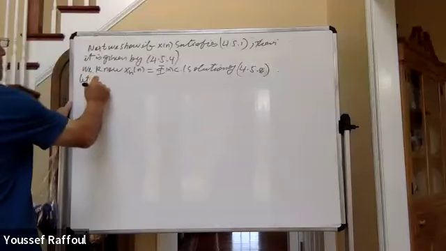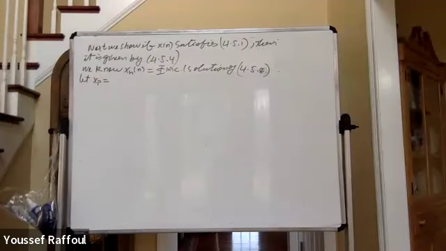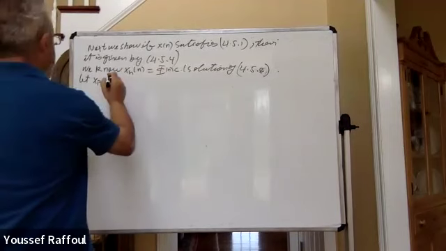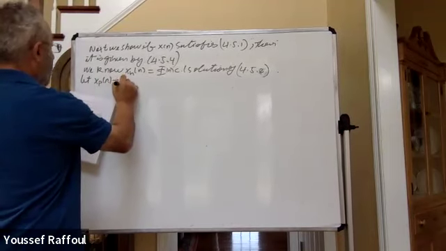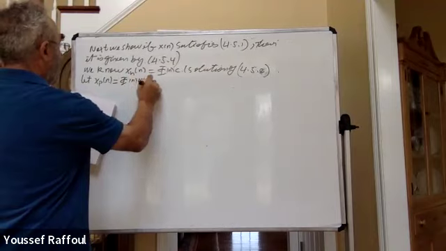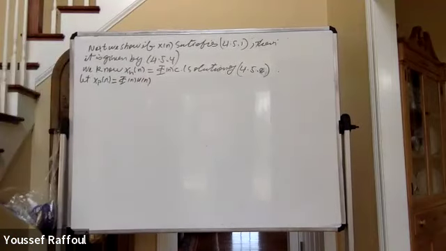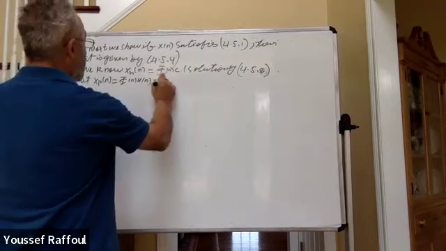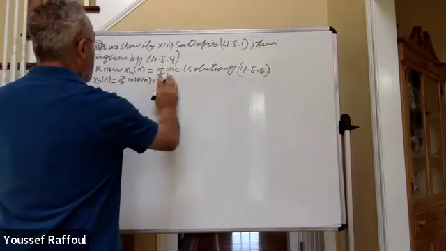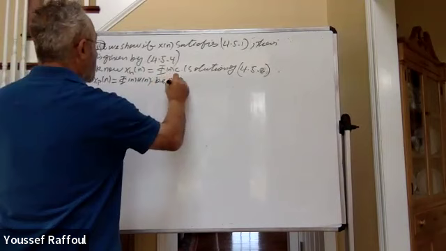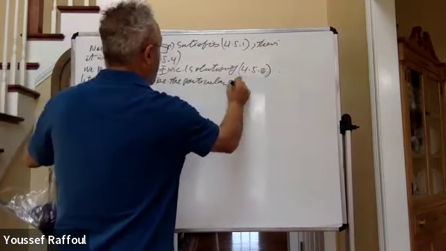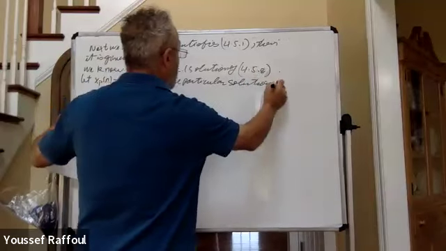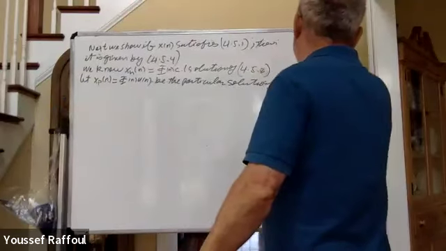Let xp of n equal to phi n un, where un is to be determined, be the particular solution of 4.5.1.